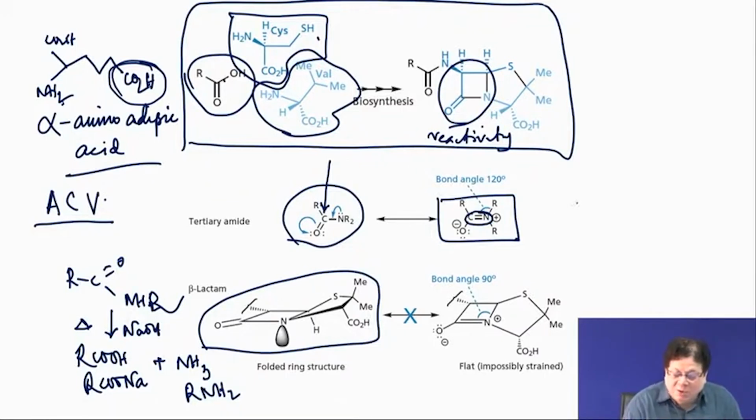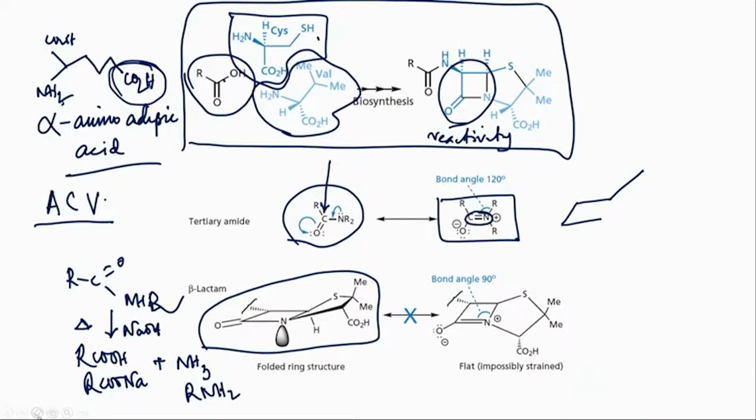So, basically it is like an open book type, something like this. So, this is the 5-membered ring, sulfur, this is the carbonyl, this is the nitrogen. So, it is like an open book or a butterfly type of structure.